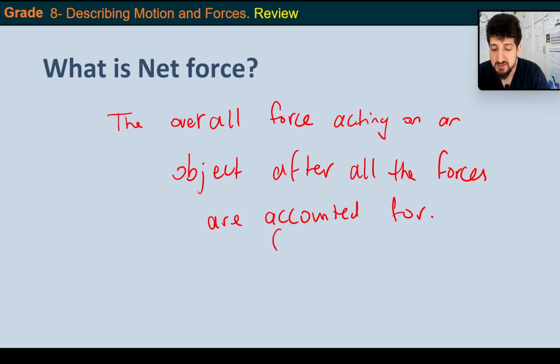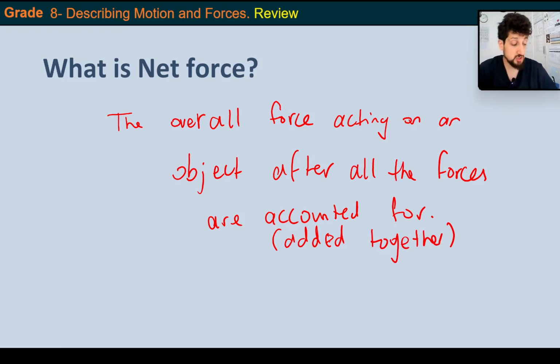Accounted for just means added together, added, subtracted, whatever we need to do. So I'll show you examples of that.